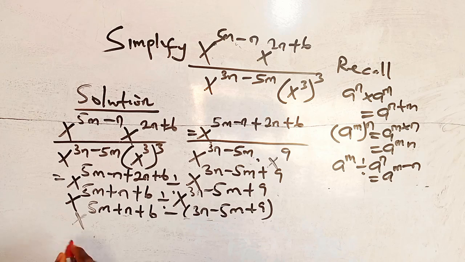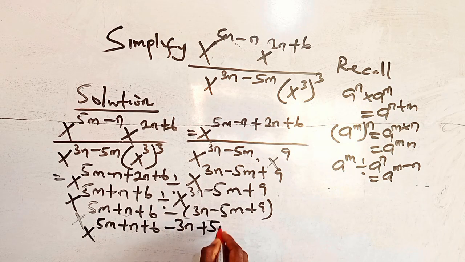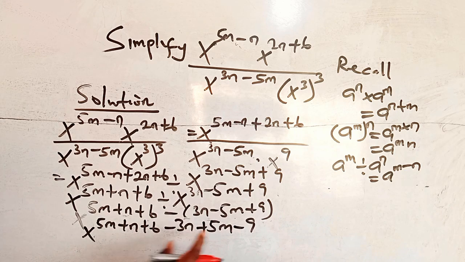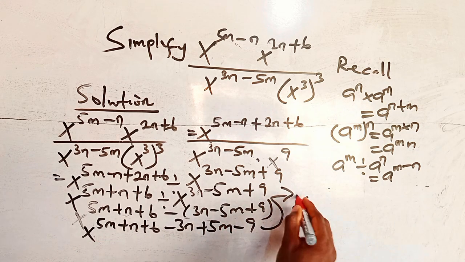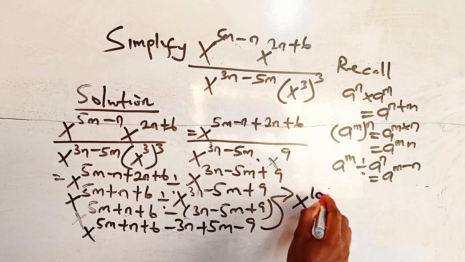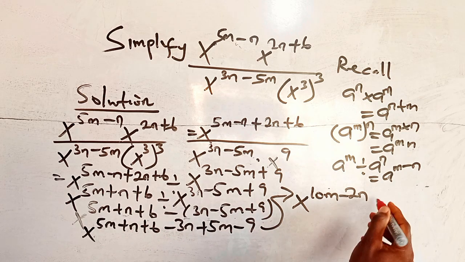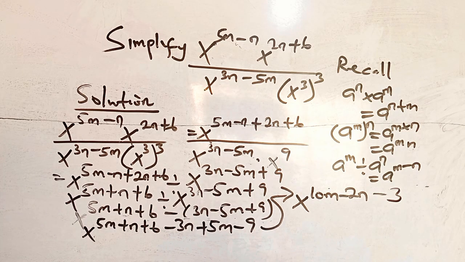Opening up the brackets, we have minus 3n, minus times minus is plus 5n, and minus times plus is minus 9. When we simplify the exponents and collect like terms, we have 5n plus 5n, which is 10n, plus n minus 3n, which gives minus 2n, and plus 6 minus 9, which gives minus 3. Thank you very much.